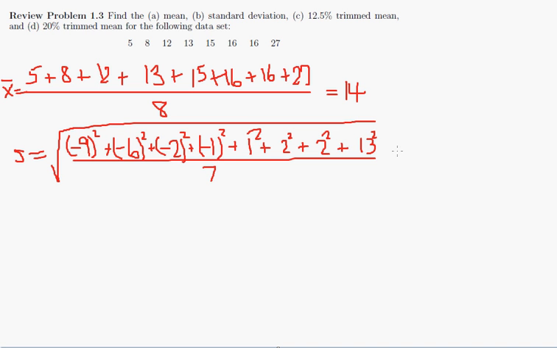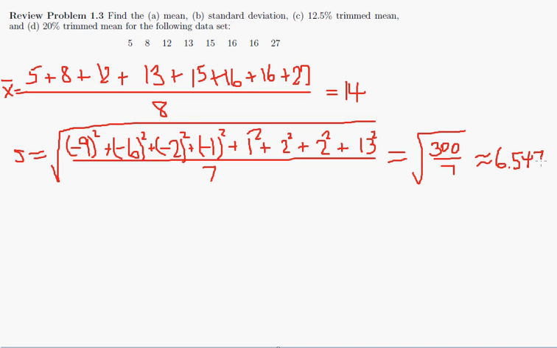So that will be the sample standard deviation. Doing the arithmetic, I get the square root of 300 over 7, which is approximately 6.547 to 3 decimal places.